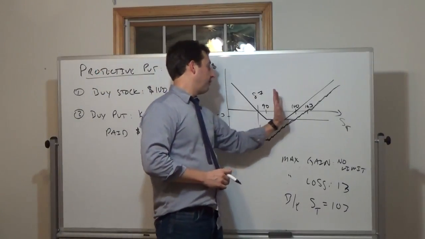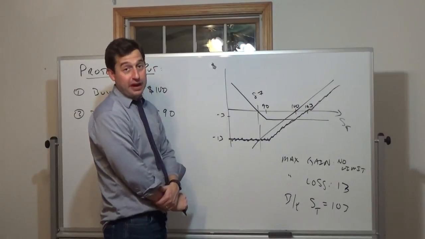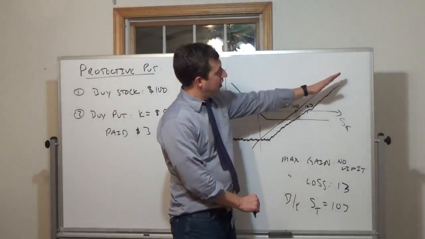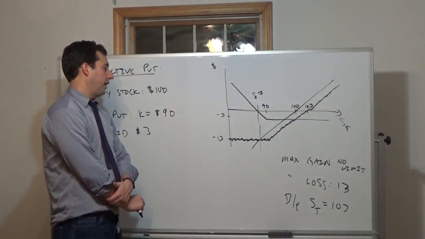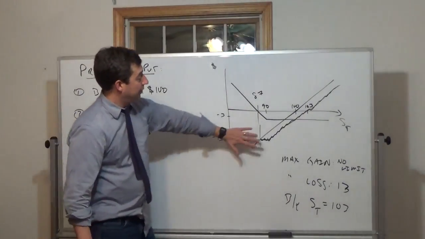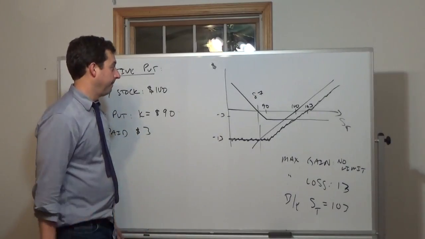Of course, any price above that, we would prefer that we didn't have the protective put position on. So the idea here is, we're going to be worse off in all the states above $87 here, in return for not having to worry at all if the stock falls below 87. Happy that we had the protective put position on.